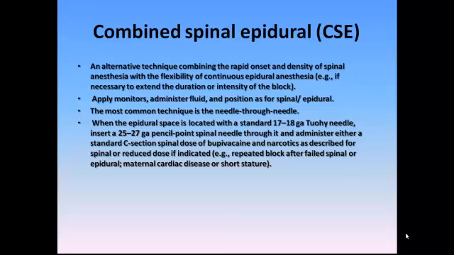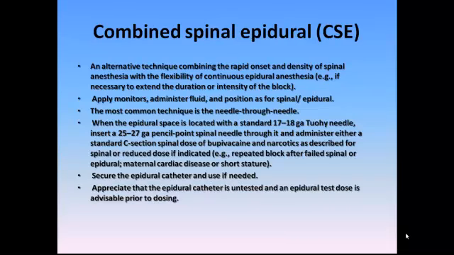When the epidural space is located with a standard Tuohy needle, insert a 25 gauge pencil point needle through it and administer the dose required for spinal anesthesia using bupivacaine and narcotics as needed. Then put in the epidural catheter, secure it, and use it if we need more anesthesia.